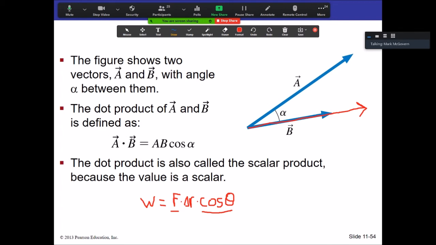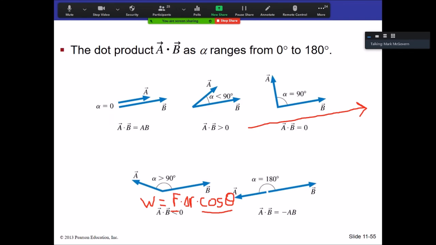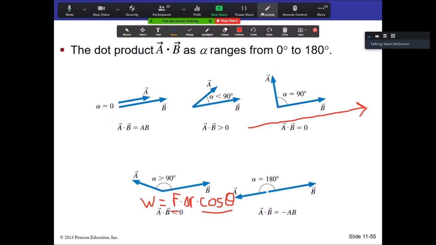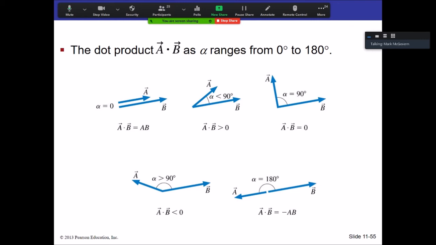But when you multiply these two vectors in this form, which is called a dot product, you result in a scalar that has the form AB cosine alpha. So that means we can rewrite how things look to look like a dot product. Our dot products have the exact same properties as the way we've dealt with work before.